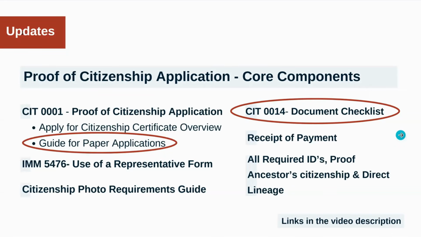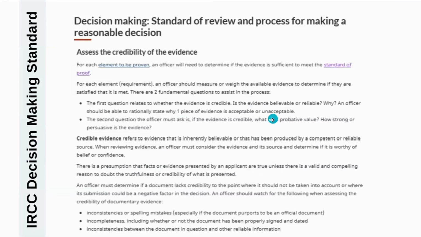But before we do that, I also wanted to mention that IRCC has a decision-making standard that's publicly available. It's also linked in the video description. From what I read, it isn't written specifically for proof of citizenship applications or any specific application. It's written as general guidance that IRCC officers follow when they're assessing evidence and making decisions.